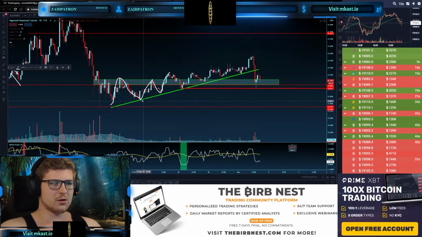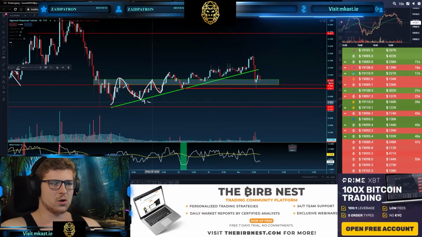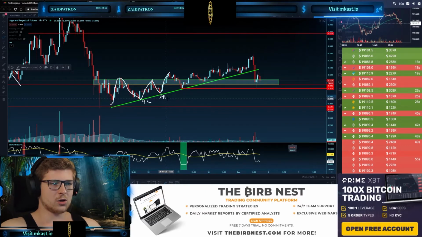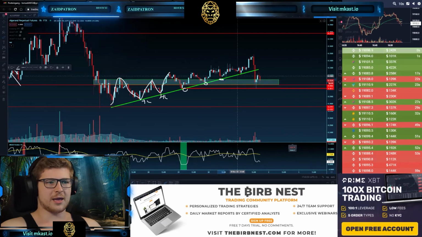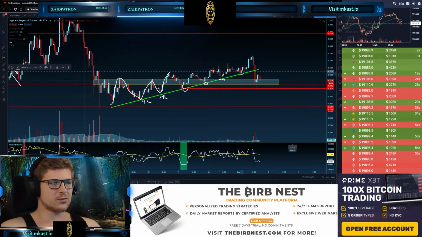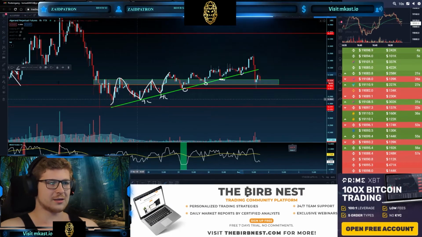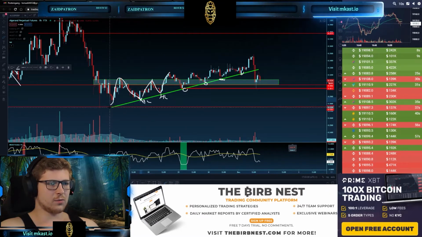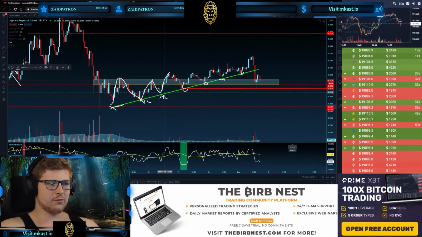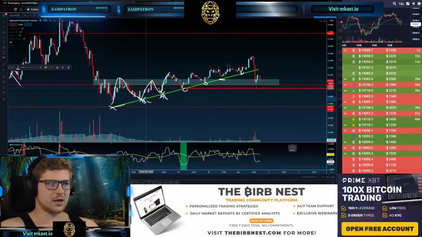We got here a nice higher low, and another nice higher low, and you can already see how this is going to play out. We have a series of higher lows, and every time you are at a higher low, you put the stop there.